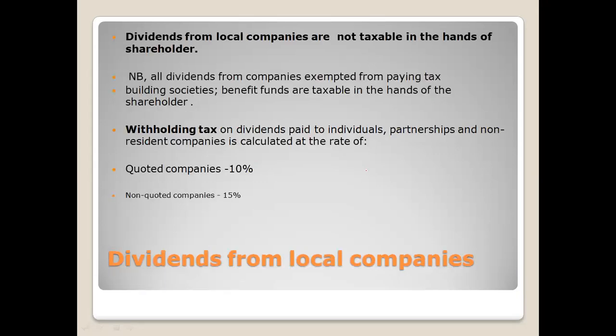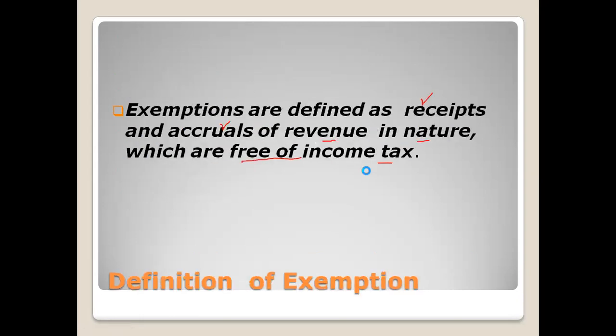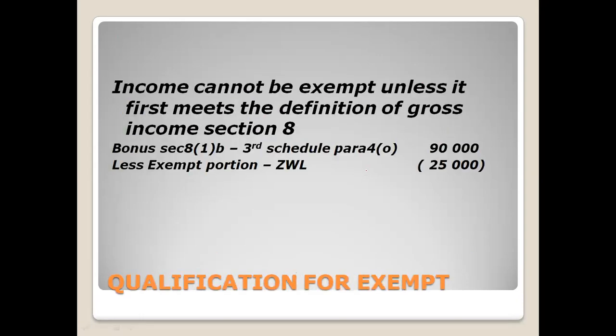We want to look at some incomes that we can exempt according to the Income Tax Act. What are some of the incomes that we are expected to exempt? We have what we call bonuses. We agreed that income cannot be exempt unless it first meets the definition of gross income according to section 8.